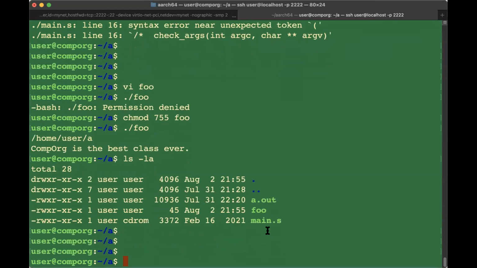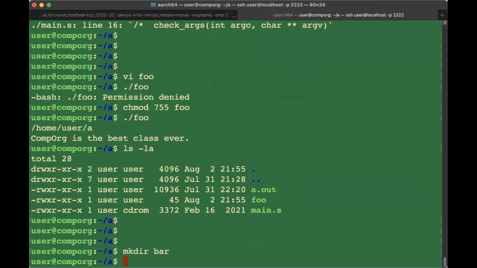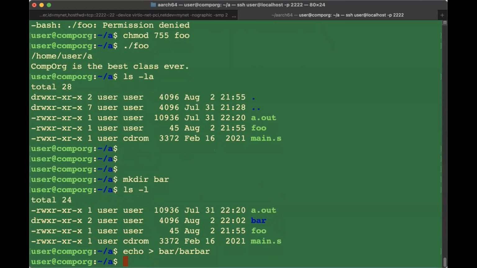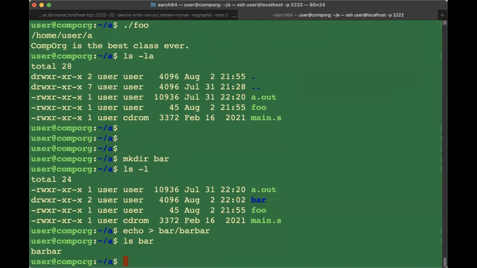So for instance, I'm going to make a directory called bar. And let's look at the permission bits of bar. So it's a directory, and it's read, write, execute, read, execute, read, execute. And what can you execute a directory for? Well, I don't know. Let's take a look. Let's create something in bar. All right, let's look at what's in bar.